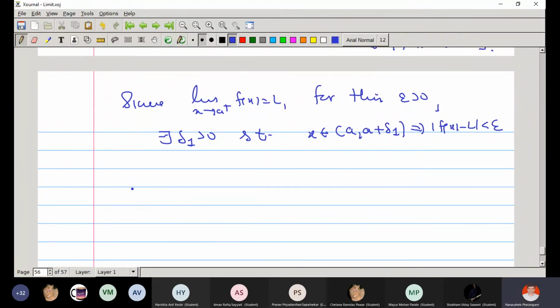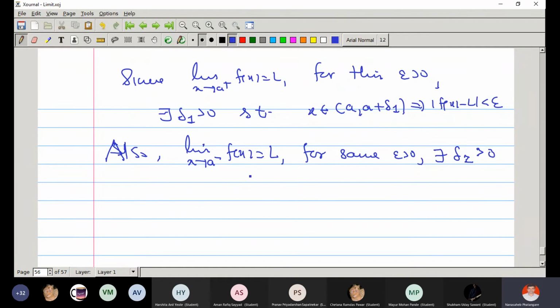Now, also, the left hand limit of f(x) as x tends to a is also L. For the same epsilon, by the definition of left hand limit, there exists another number delta 2, which may not be the same as delta 1, such that x belongs to (a minus delta 2, a) implies |f(x) minus L| is less than epsilon.